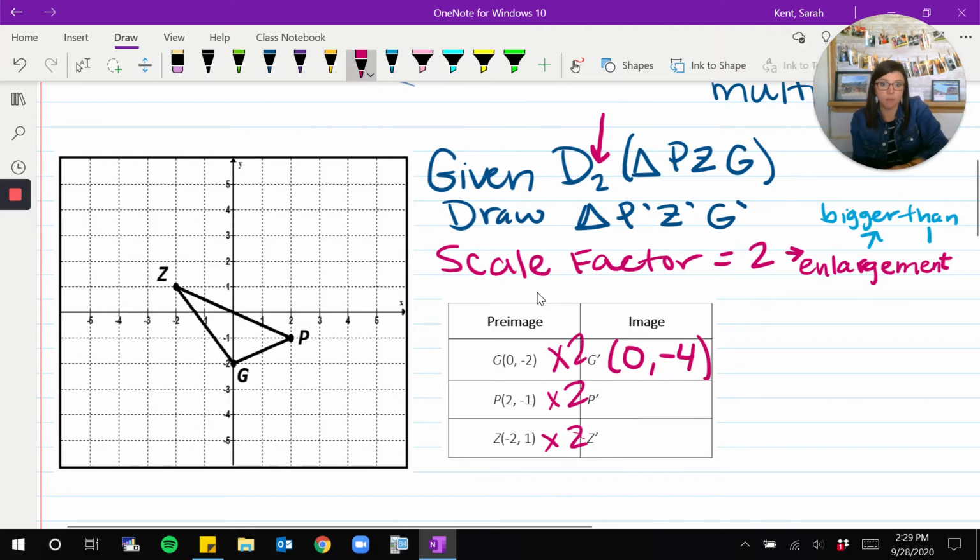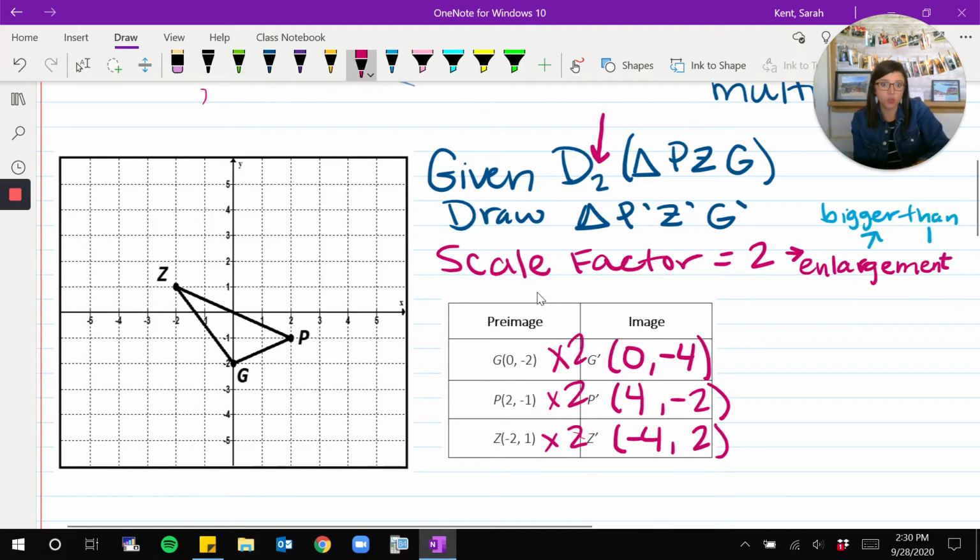My next point, 2 times 2, positive 4. Negative 1 times 2, negative 4. Oh, I did one of these wrong. Negative 1 times 2 is negative 2. Sorry. And then positive 1 times 2 is a positive 2. So these are my 3 points for my larger triangle.